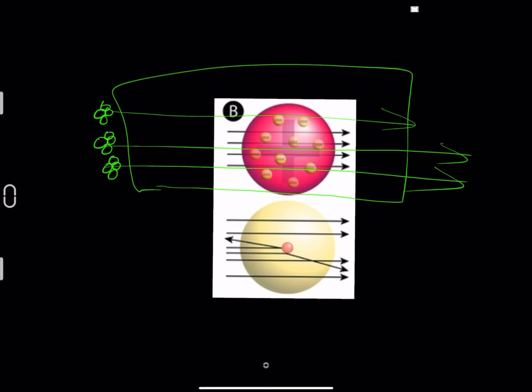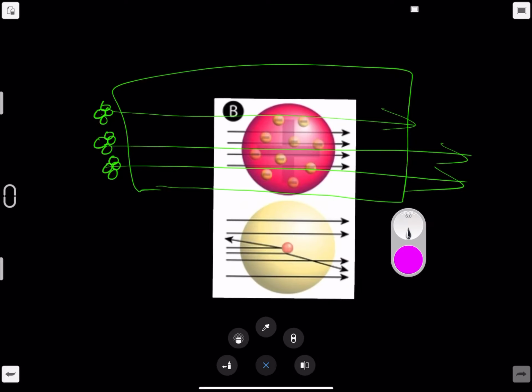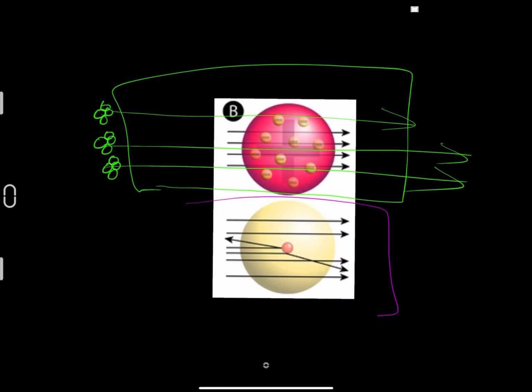However, what they were finding was that the data that they were actually getting was what is represented by the lower diagram here, where yes, we do get alpha particles passing straight through as expected.